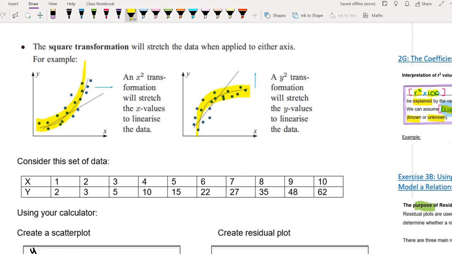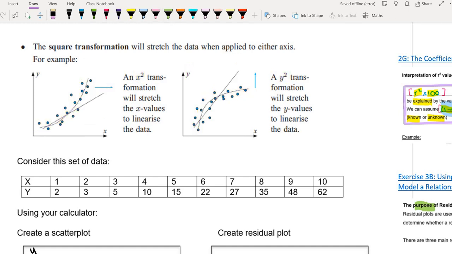So for this first curve, an x squared transformation would help us linearize the data, so make it more of a straight line rather than a curve. And for the second curve, if it looks like this, then a y squared transformation, so squaring the y, will help us linearize the data, so making it more linear.